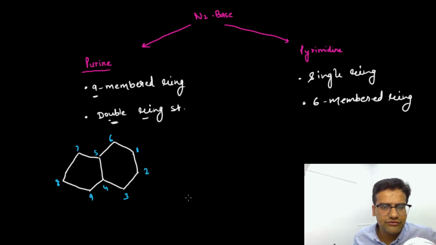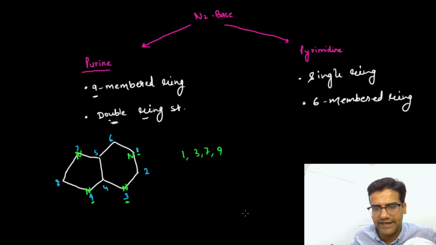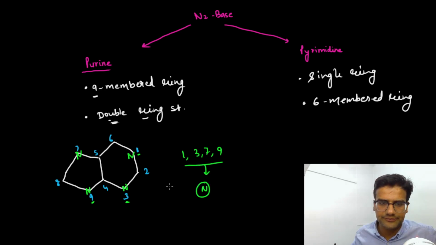On the first position, third position, seventh position, and ninth position, there is a nitrogen atom. So positions 1, 3, 7, and 9 contain nitrogen.